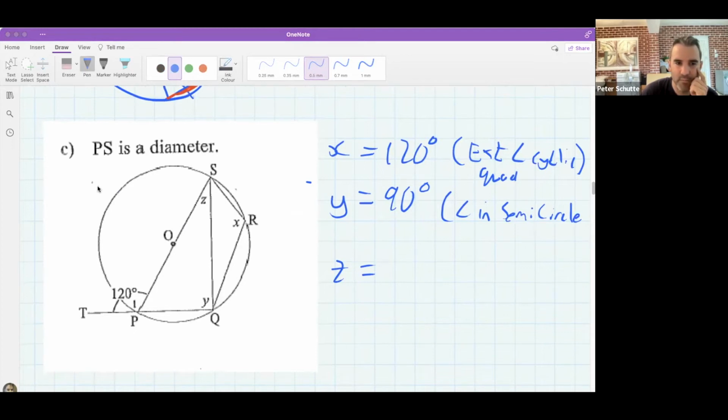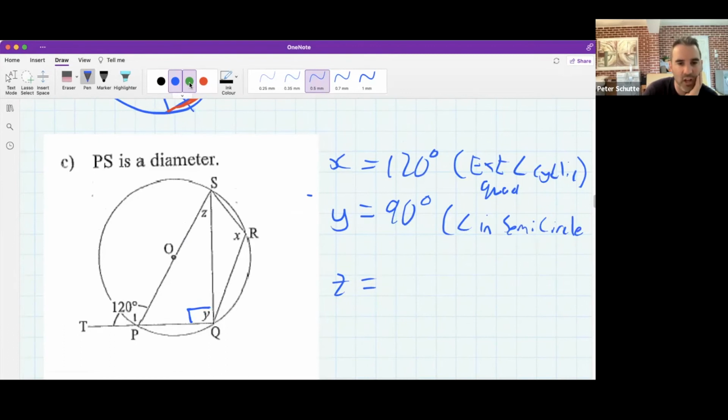Now, Z. Like Rona's saying, the sum of angles in a triangle, and I think you're onto that. Or the other way we could do it is, if we know that this is 90, isn't there a theorem we learned once upon a time called the exterior angle of a triangle? Does anybody remember that theorem? There's my triangle, and the exterior angle of a triangle is meant to be equal to the sum of the two interior opposites, which are these two.